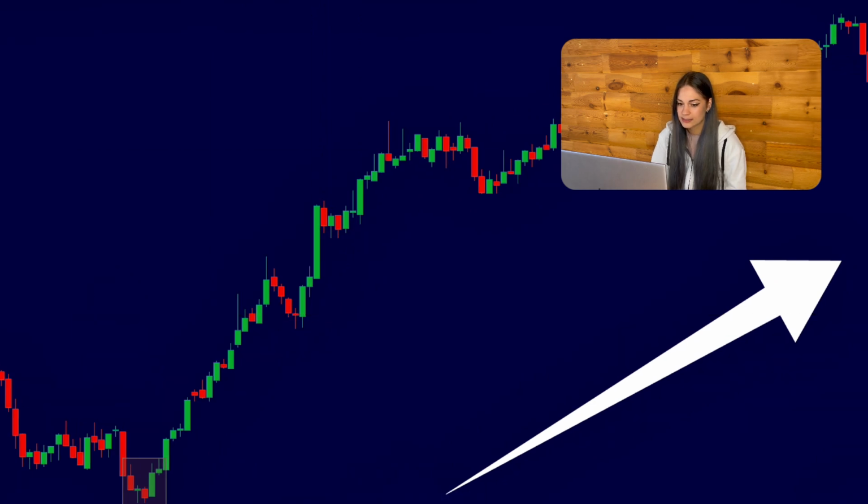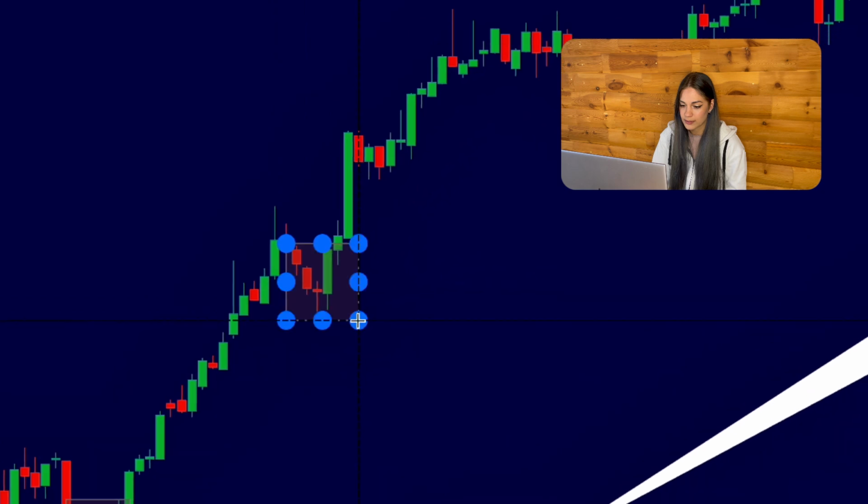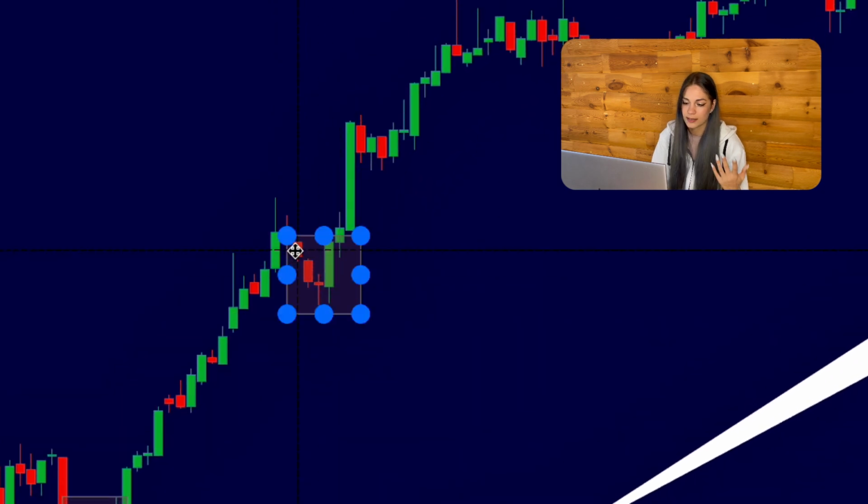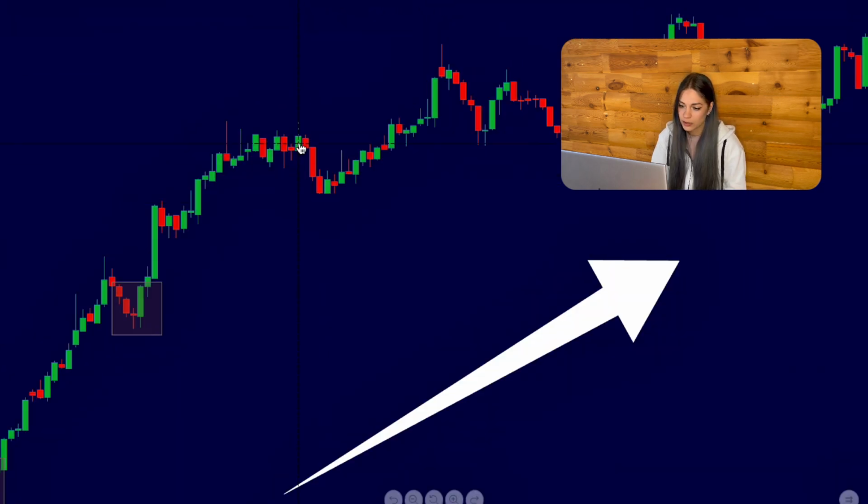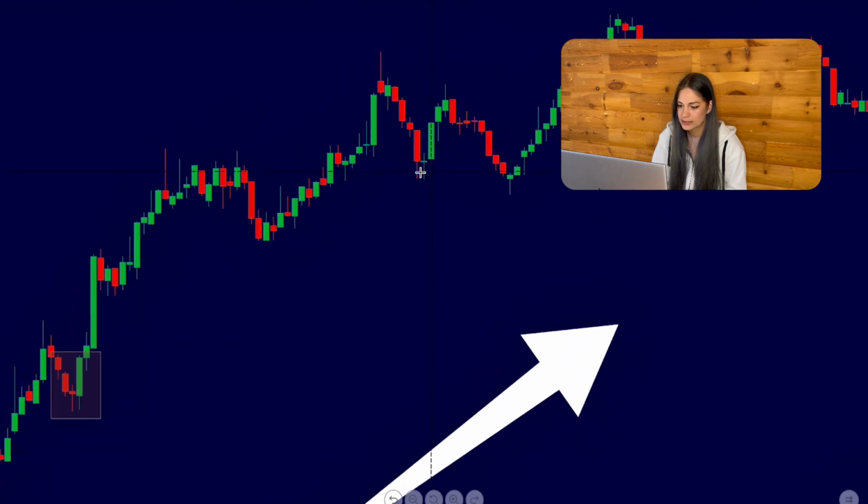And the price is going up and up and up, and the next formation is right here. You see again the classical formation, 3 red ones are covered by 1 green one. Price is moving up, and then the next one is the last formation, but I wouldn't say you would use it.